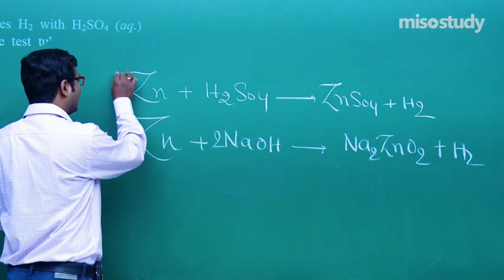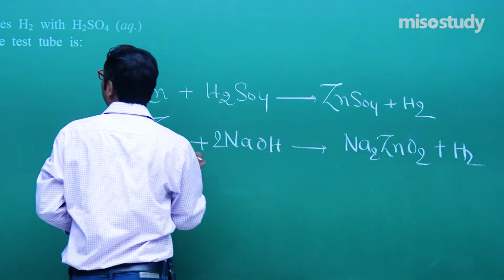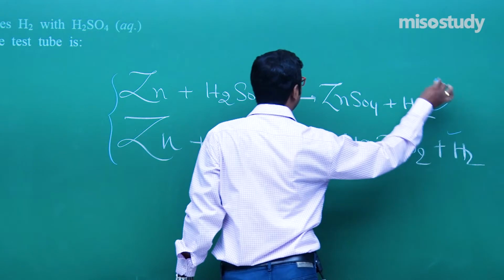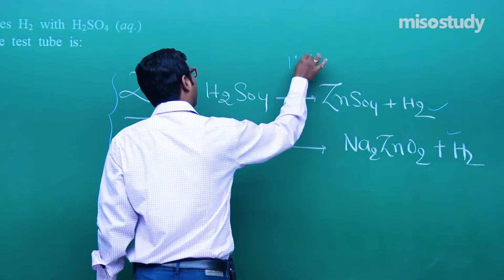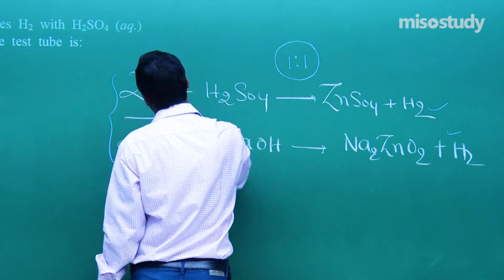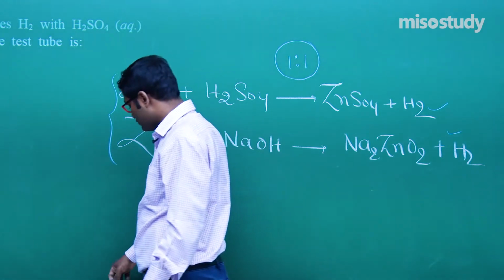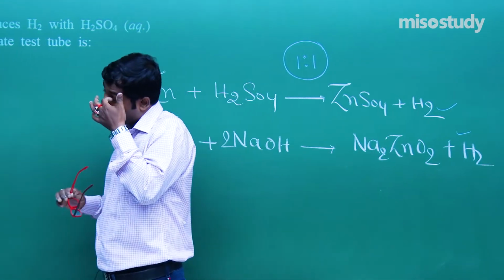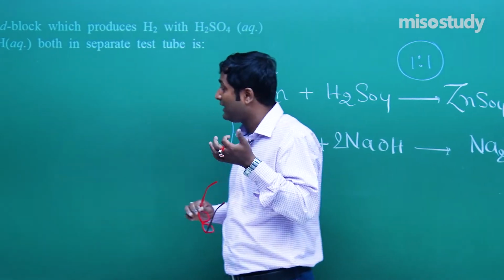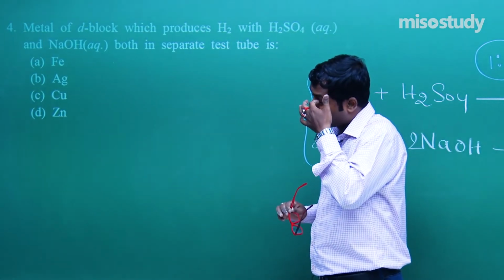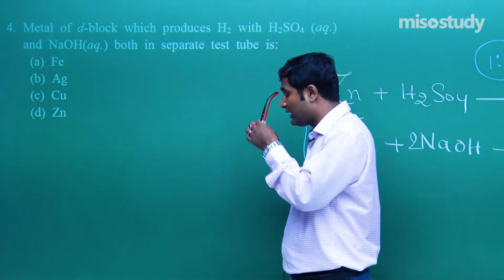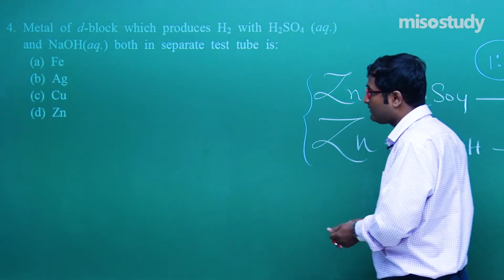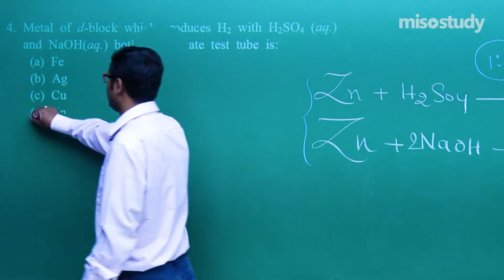In both the cases, Zn reacts and releases H2 gas, and the ratio of hydrogen liberation in both the cases is 1 to 1. This is one of the best questions. Wait for a moment. So for this question, we can say D is the correct option. Wait for a moment, friend. D is the correct option. Clear?